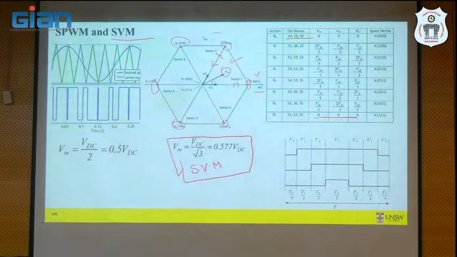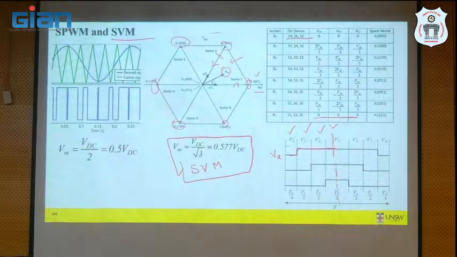So here you can see, for example, let's say this is A phase. To get this pulse, up to here, we have the 0 vector, vector 1, vector 2, and vector 7 required to create half of this pulse.